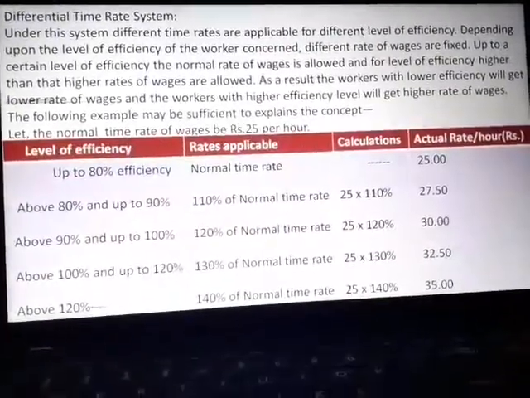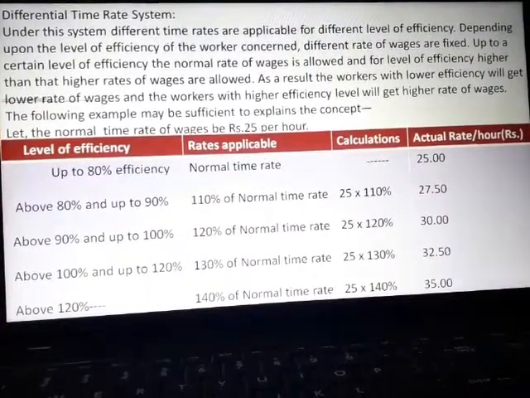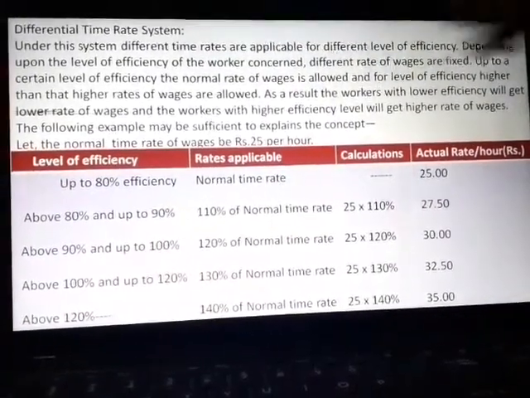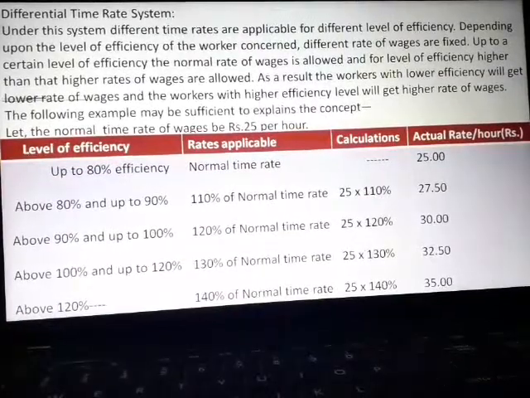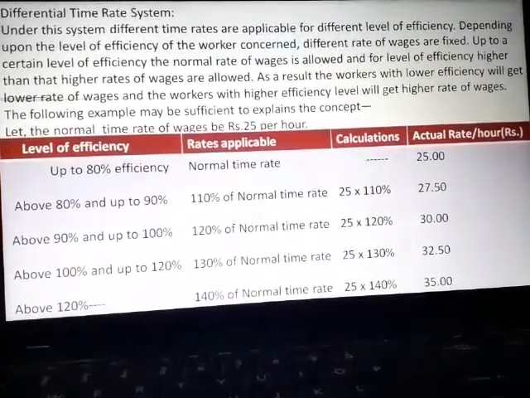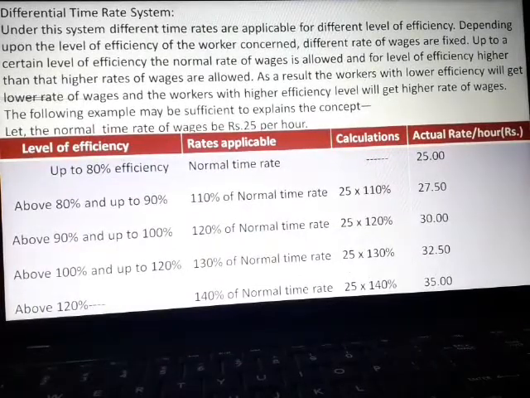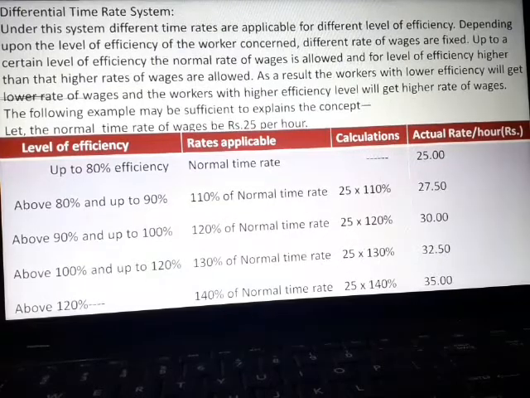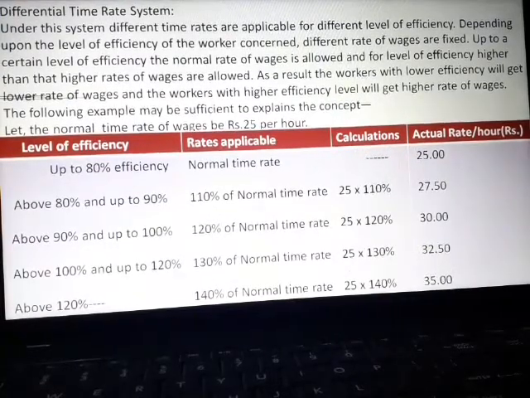Now, come to the differential time rate system. Here different time rates are applicable to different levels of efficiency of workers. The workers with more efficiency will get higher time rate, workers with less efficiency will get lower time rate.